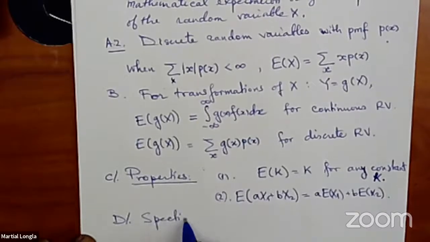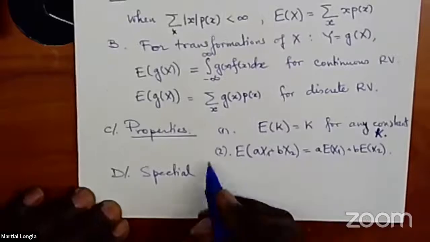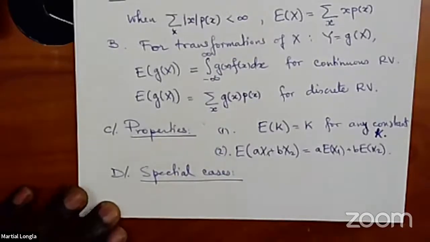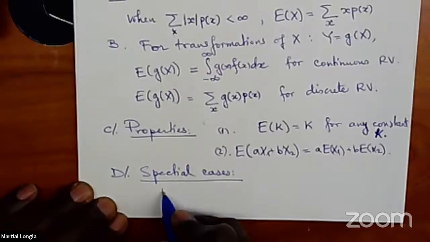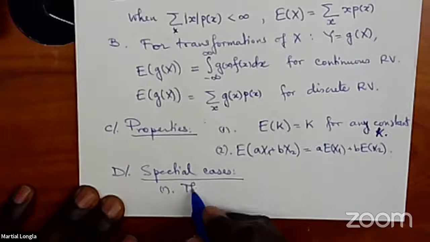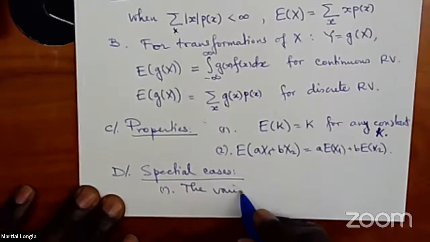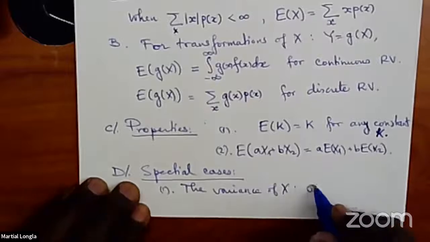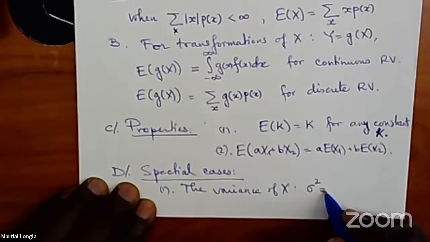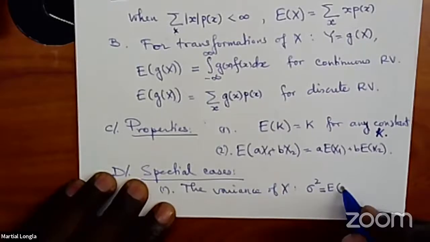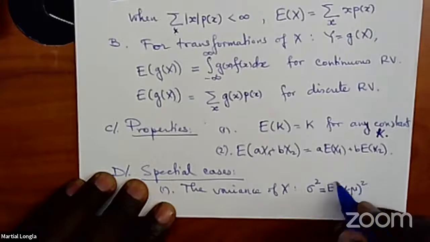Some special cases of expectation, before we go to the examples. We call the variance of x, denoted sigma squared, equal to the expected value of (x minus mu) squared.